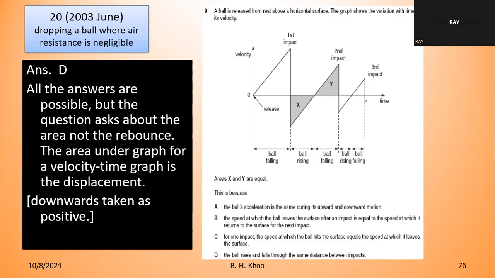Good. How does the acceleration-time graph look like? Any idea? Going down, right?